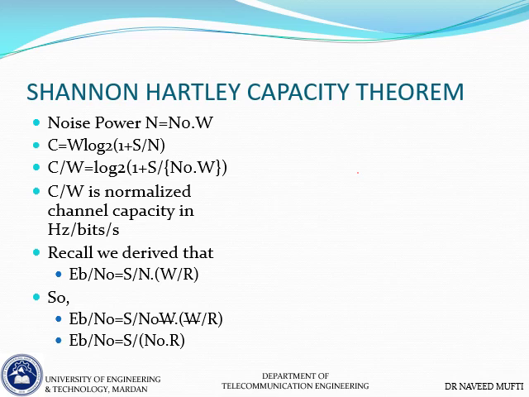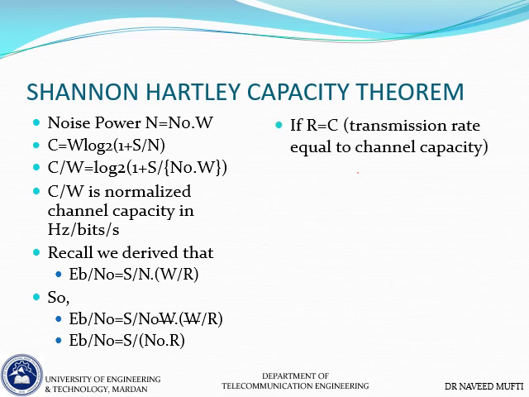We are left with EB by N naught equal to S divided by N naught multiplied by R. Now if R, the transmission rate, is equal to the channel capacity C, then we can make another substitution. EB by N naught in that case will be equal to S divided by N naught multiplied by C, where C is the channel capacity of the Shannon Hartley capacity theorem.